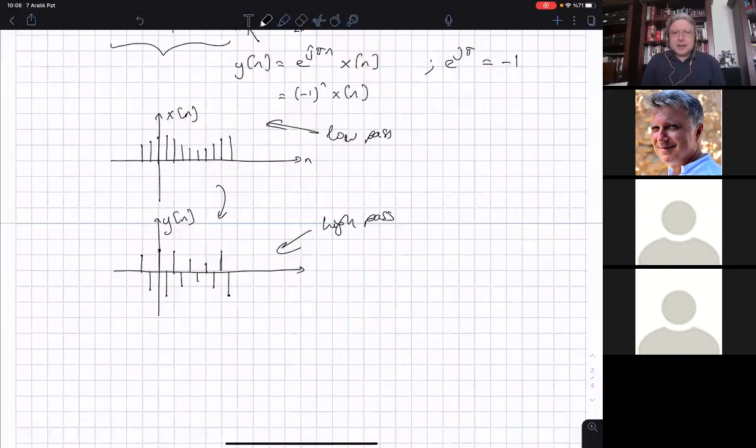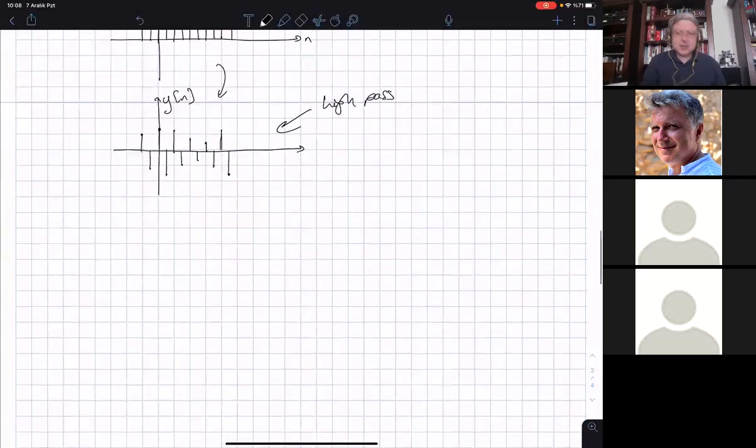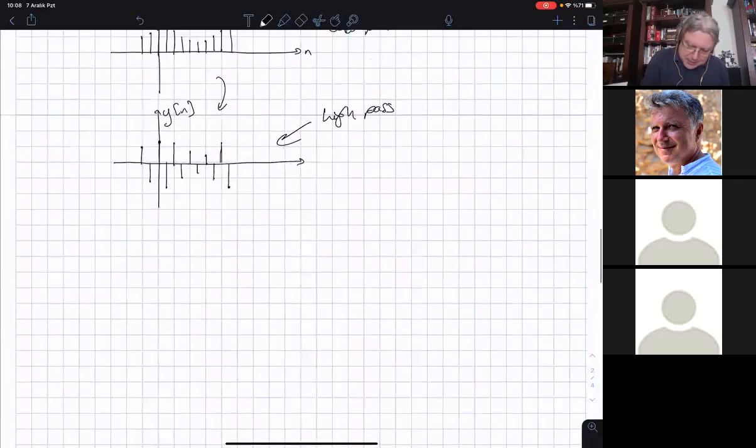Okay. Now, following this example, I will continue with a few further properties of the discrete time Fourier transform. The second property that I'm going to indicate is differentiation. But it does not exist in discrete time.